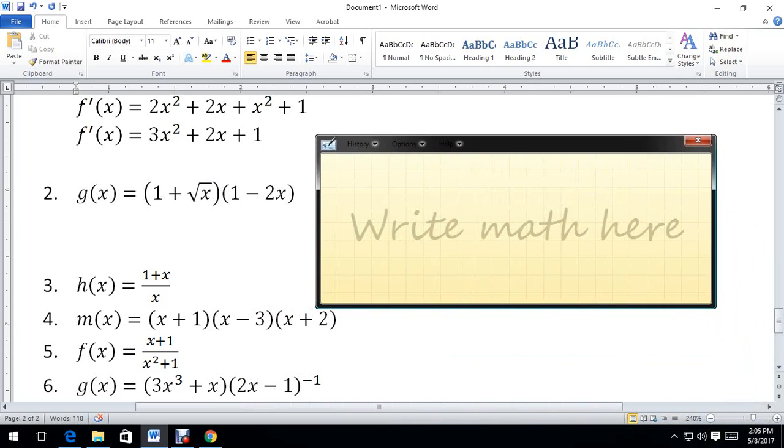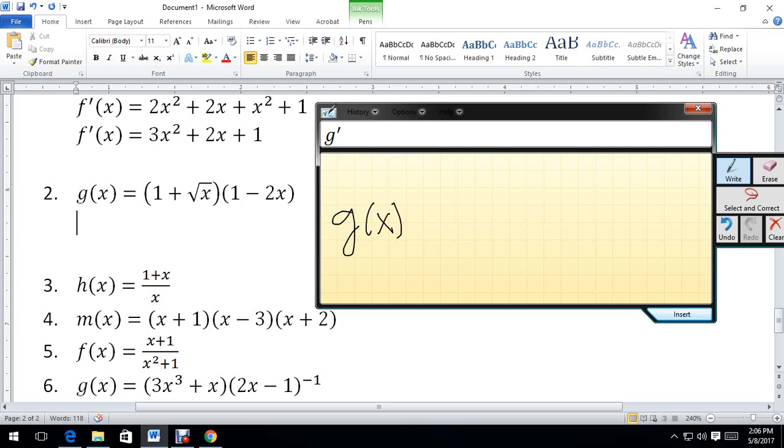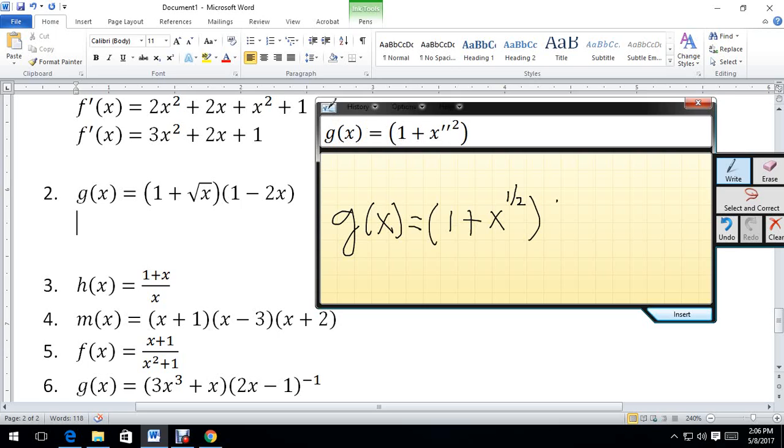First, let's try to rewrite the square root of x in the form of a number that has its roots equal to fractional exponent. So we write g of x is equal to 1 plus x raised to 1/2 times 1 minus 2x.